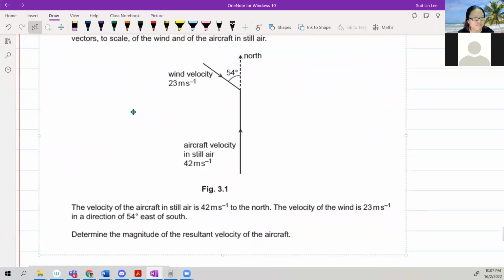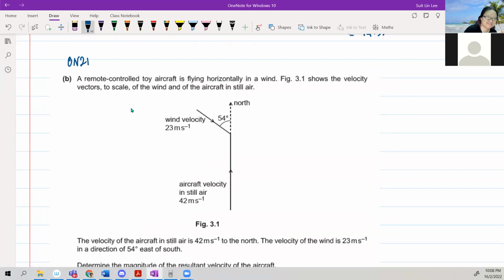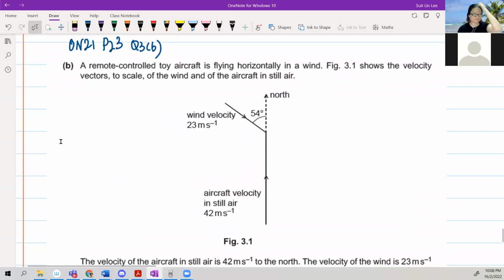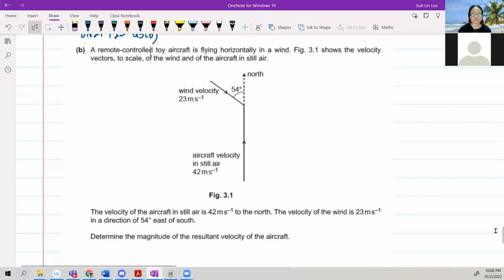And you won't have this question in your handout because it's fresh. It's ON21, paper 2-3, question 3. This question is not that complicated. It's mainly asking for resultant force.